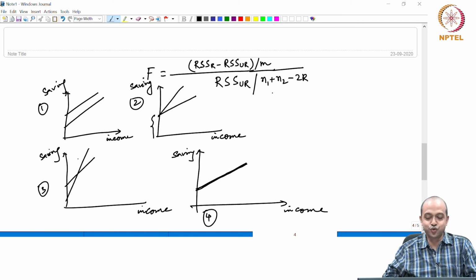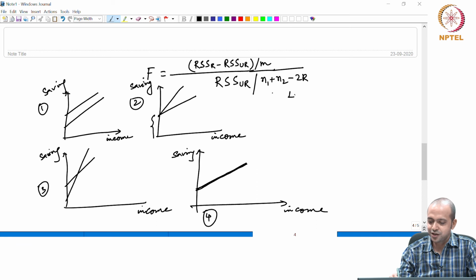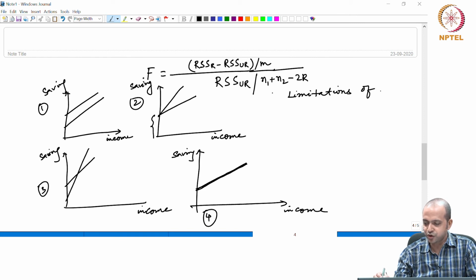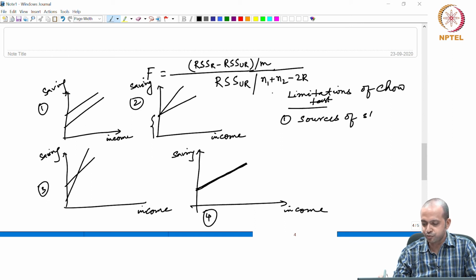So, the Chow test has 2 major limitations. If I write the limitations of the Chow test, first of all, the source of the structural break is unknown.